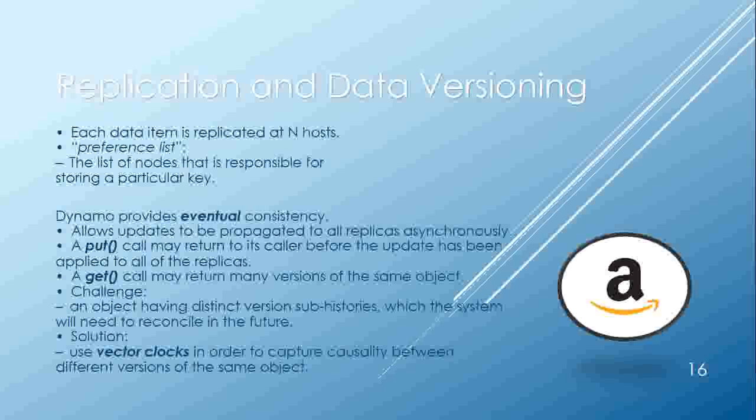Dynamo provides eventual consistency, which allows updates to be propagated to all replicas asynchronously. The put and get operations locate and place the keys in their respective places. The challenge is that an object can have distinct version subhistories, which the system will need to reconcile in the future.